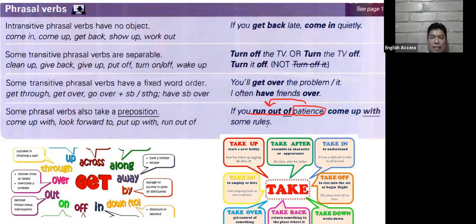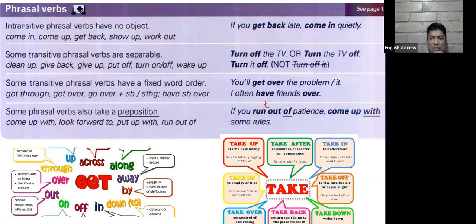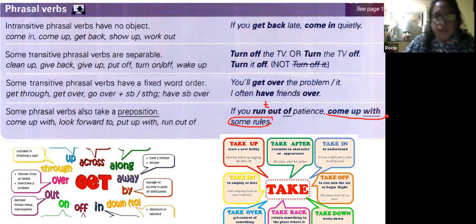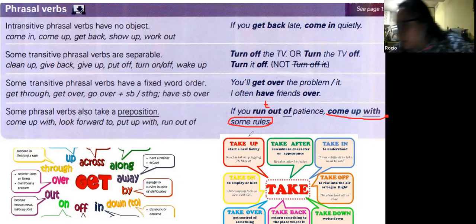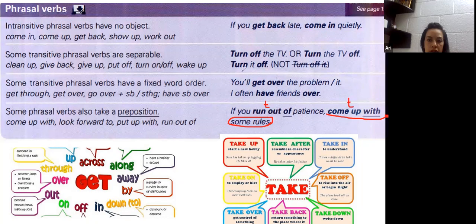If it's an object, it is a transitive verb. Come up with some rules. What is some rules? Objects, an object. So come up with this: transitive, okay.